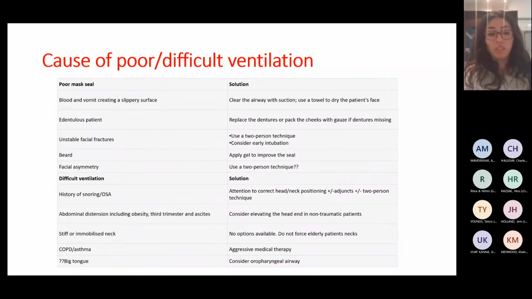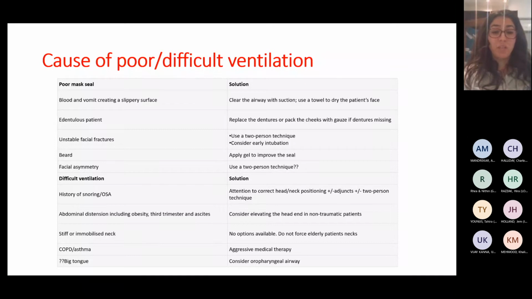If the patients have asthma or COPD, maybe their bronchospasm is high, and you have to give aggressive medical therapy to reduce the spasm.